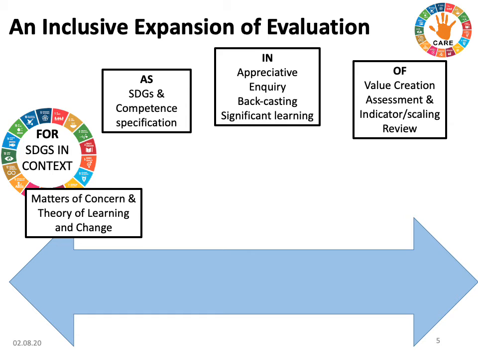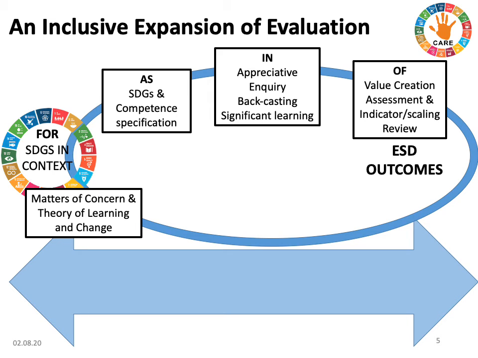And then we've got the as evaluation, SDGs and competence specification in the inclusion of the inquiry with backcasting and significant learning, but participant agency centered. And then standing back and looking at the value that's being created and assessment indicators and scaling in a review process. So this reflects an inclusive expansion of evaluation.